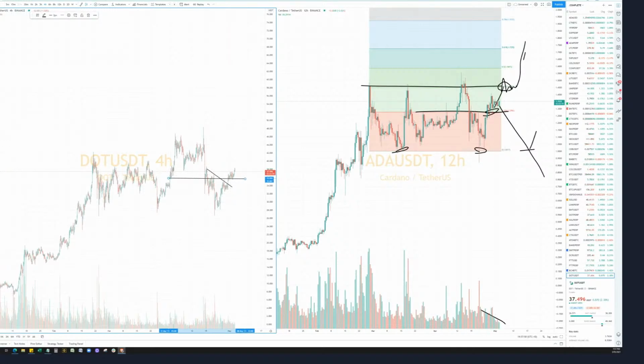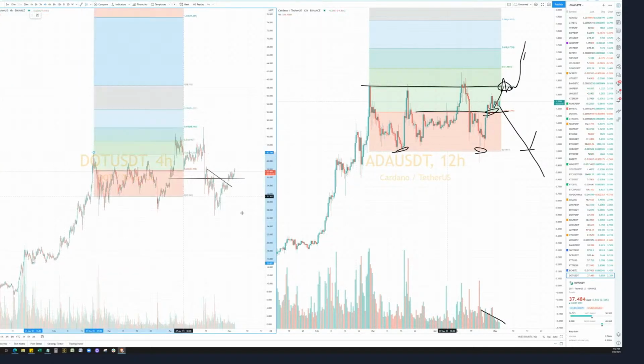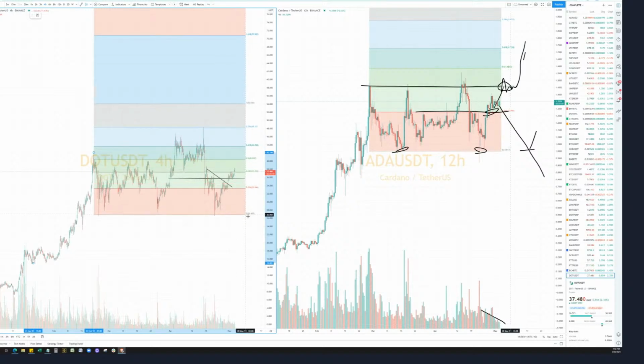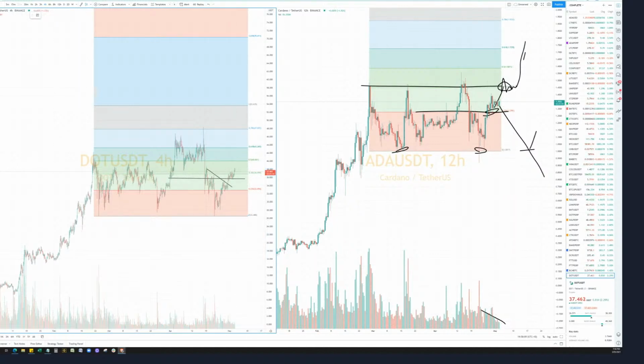So similarly to ADA, we apply the fib stuff. It's already broken the 0.382 level, and you can see the confluence on the bottom. It's not clear, but it is definitely there. Resistance is slightly higher, so it's not this fib level but slightly higher, and that's where DOT is not going anywhere yet.